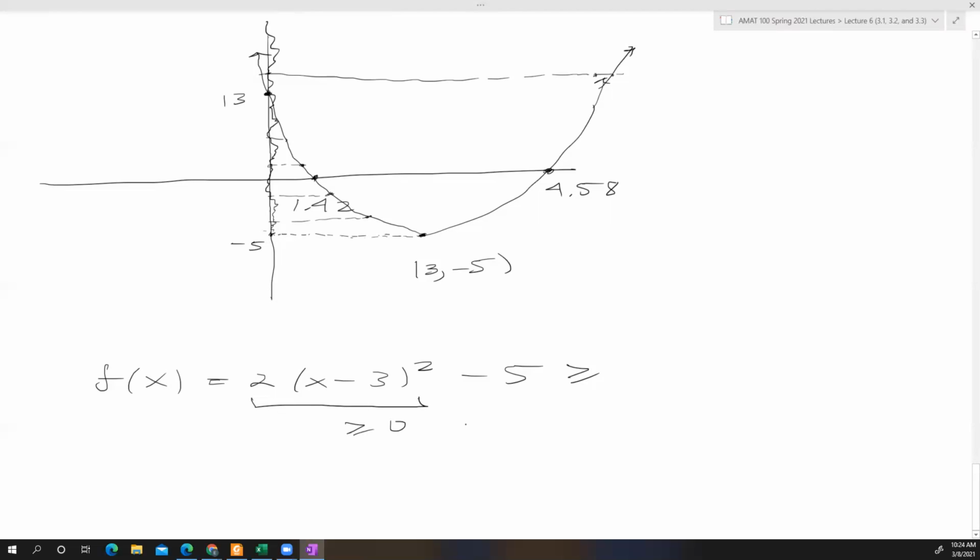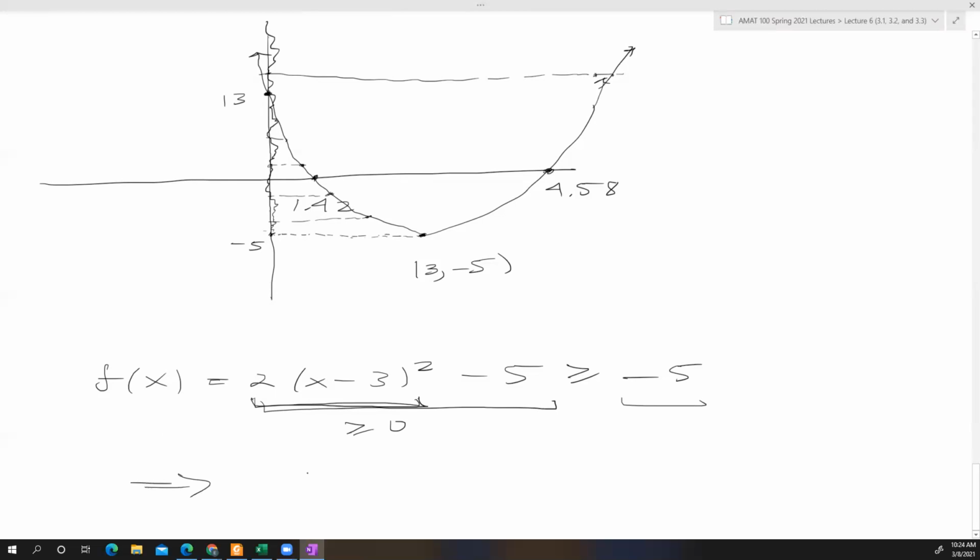This means that this will always be greater than or equal to -5, right? If you just ignored this, the smallest this can get is -5. And if this is some non-zero positive number, it's just going to make this overall number bigger than -5.